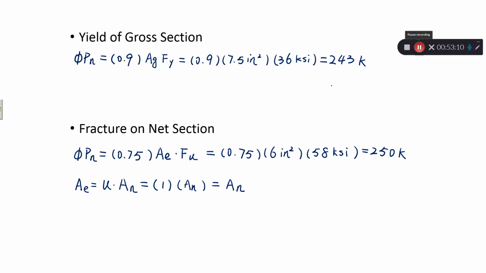Okay, and compare, we'll see yielding is more critical. Yielding is critical, right? Then if we just compare that, yielding controls. Okay, so here the ultimate Pn is equal to 243 kips.